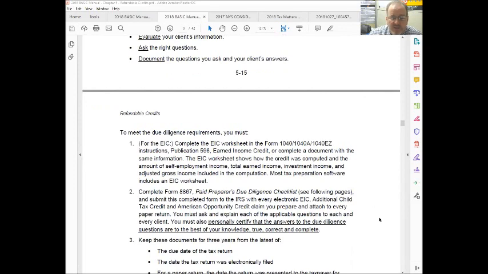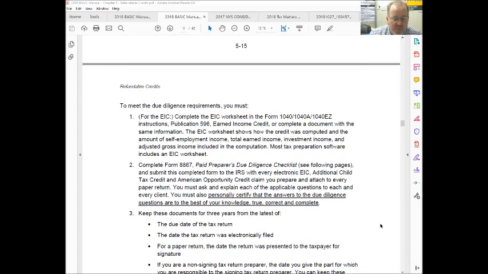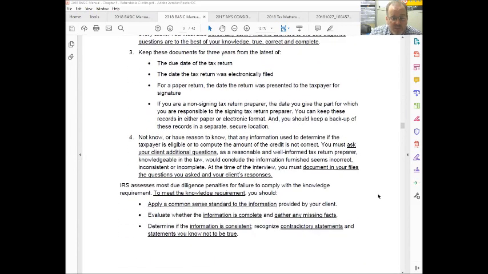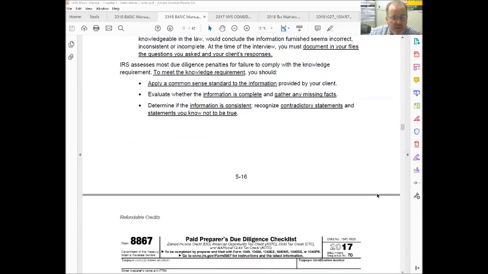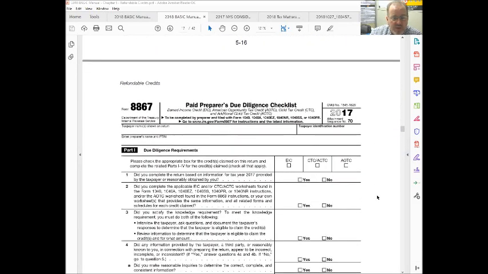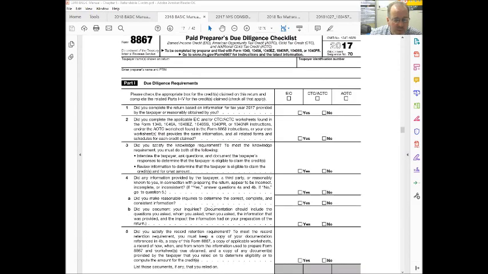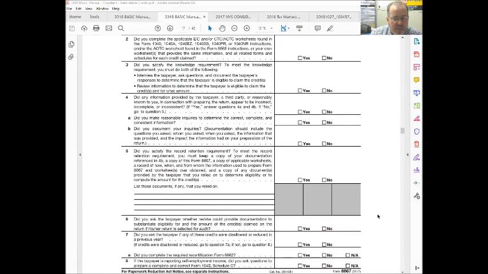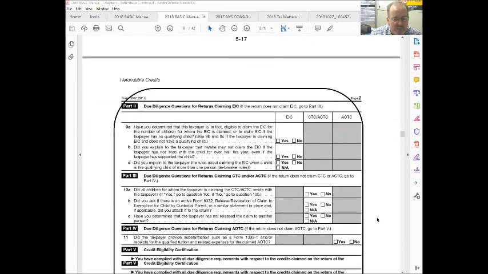Basically on that, you have to state everything that you did to interview the client to make sure that the qualifying child, or in the case of their income, their EIC if they're single, meets the requirements for it. When you have this due diligence checklist, read these questions, understand what you are asking and what you're being asked to do. We're going to talk in a second about the records that would have to be kept or that would apply to it.